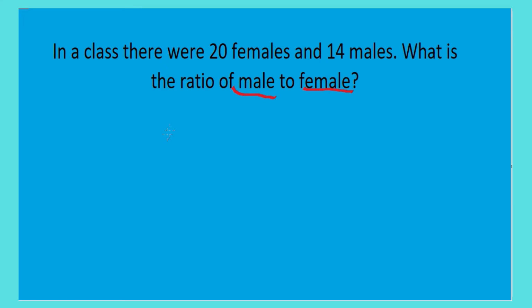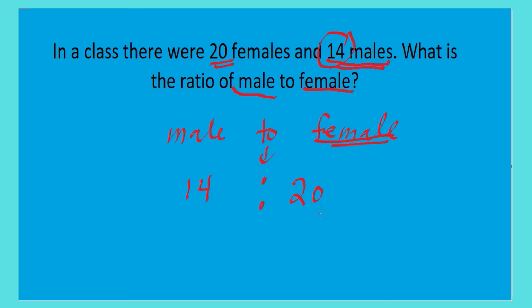So male to female, and you're going to convert that into a column. How many males do we have? It says 14, so we got 14 males. And how many females do we have? It says we got 20 females. All right, so we now have a ratio of 14 to 20.